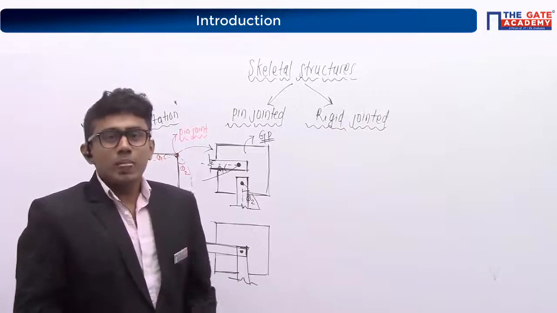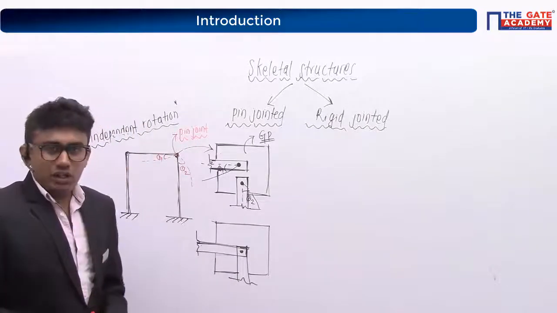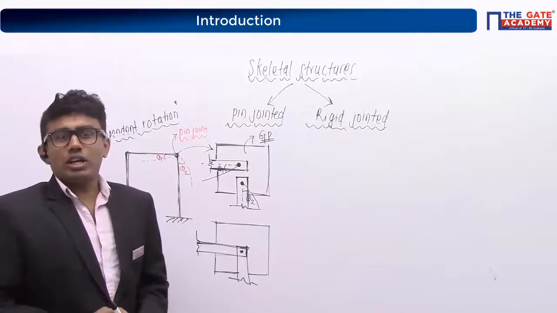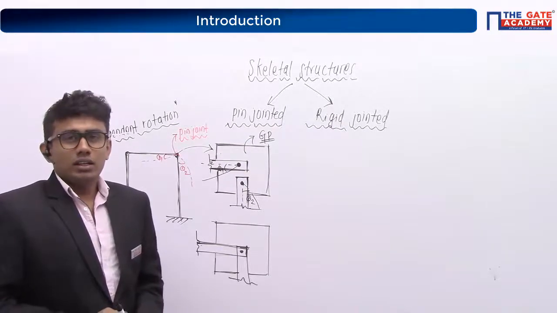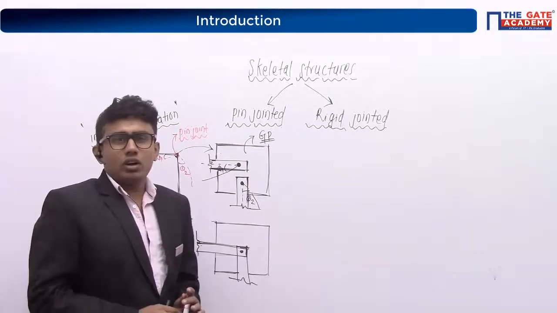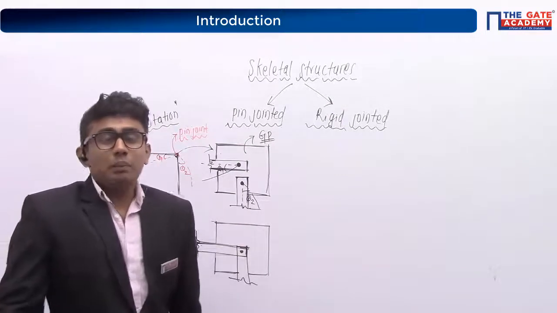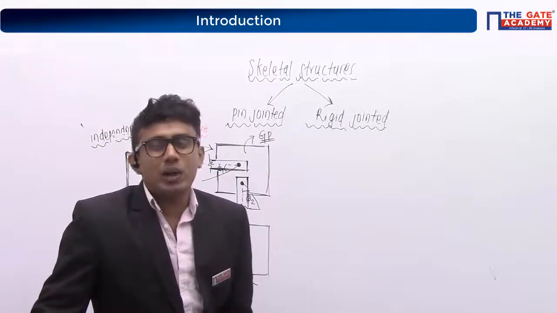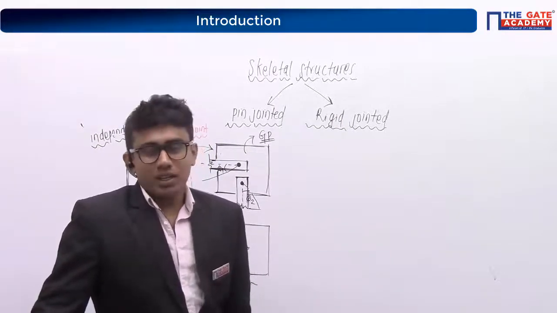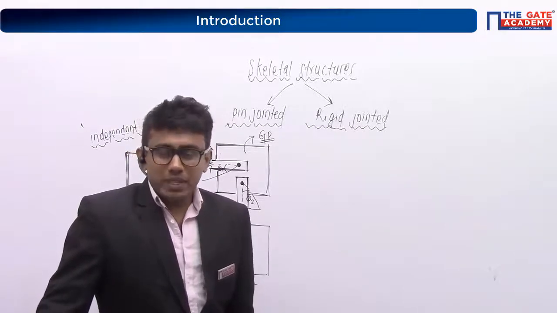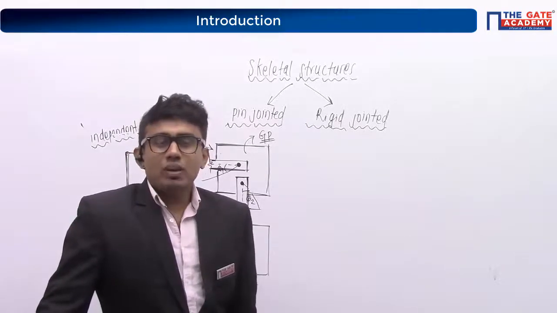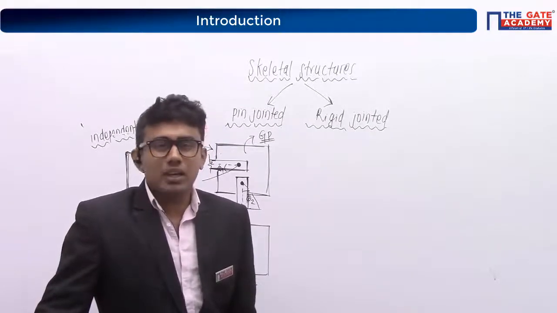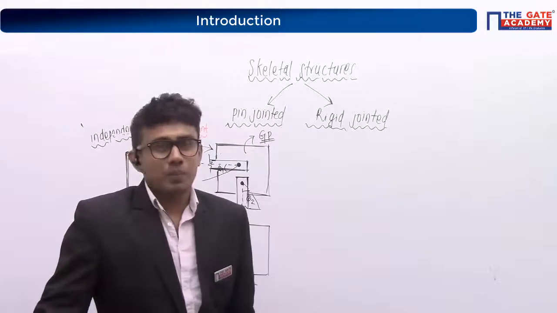You can write it down: in a pin connection or pin joint, the members will be connected together by using a single pin or single rivet.